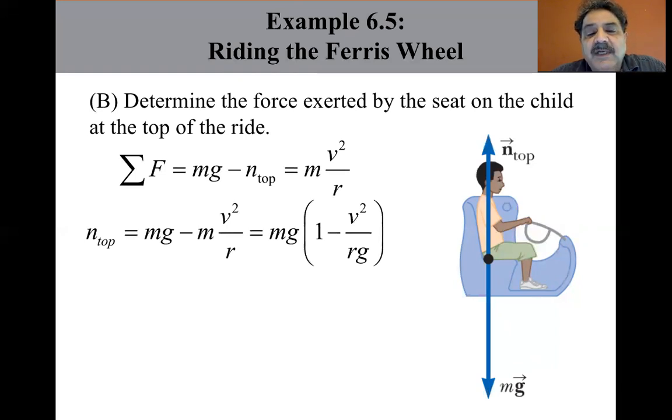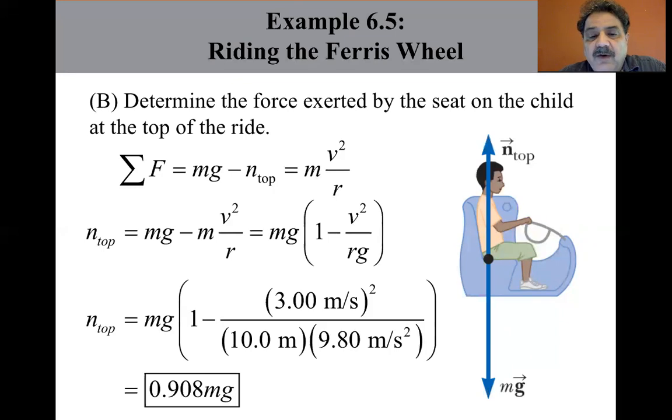You end up with mg times 1 minus v squared over rg. Let's substitute numerical values, and you see that it's 1 minus the result, and so in this case the magnitude of the force exerted by the seat on the child is less than its true weight by a factor of 0.908, and the child feels lighter.